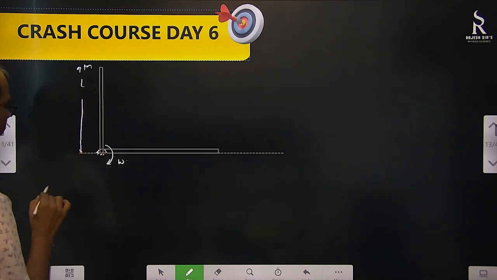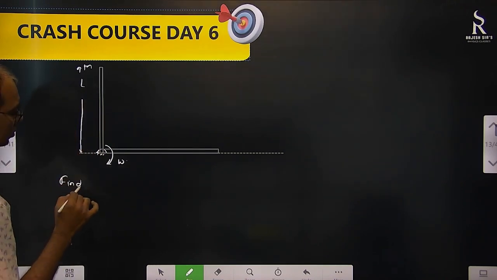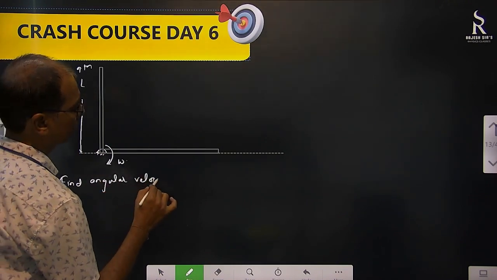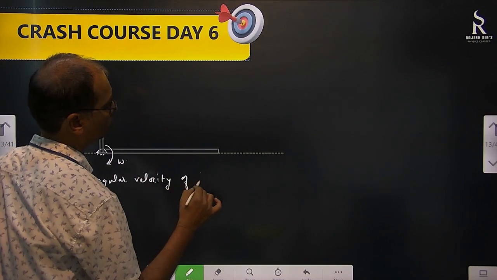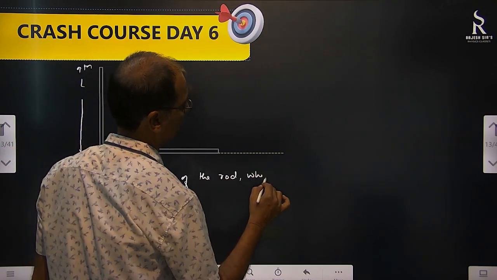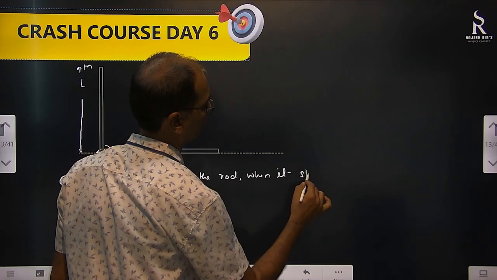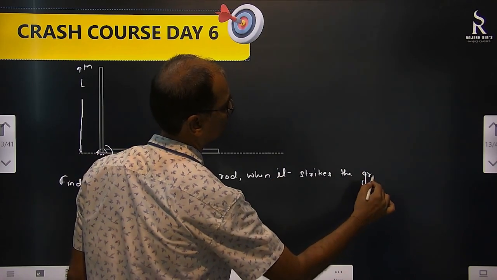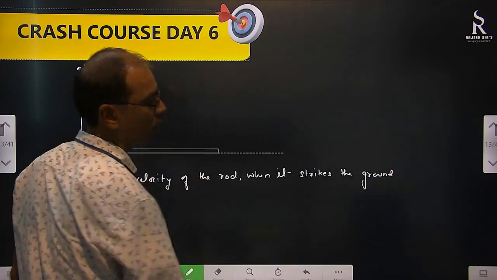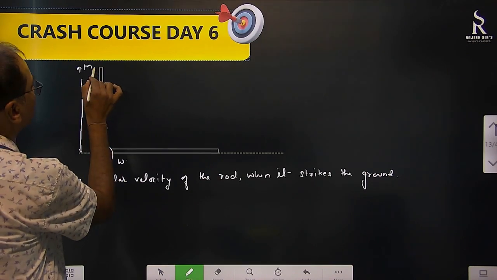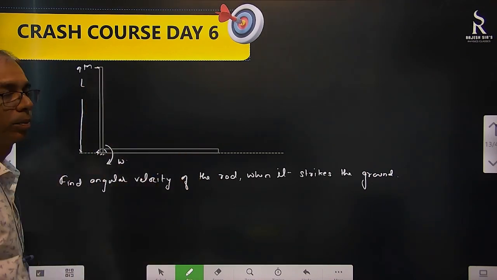Find the angular velocity of the rod when it strikes the ground. Why should it come down? Maybe a slight disturbance is there in this direction, that's why it came down.